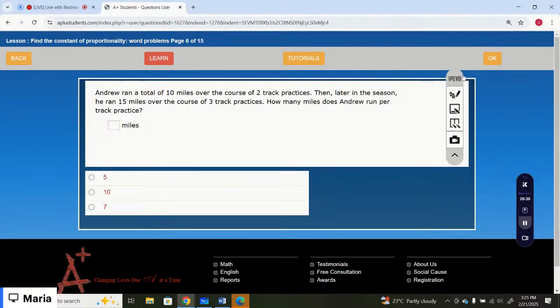Very good. That is 2. Option number 1 is the correct option.